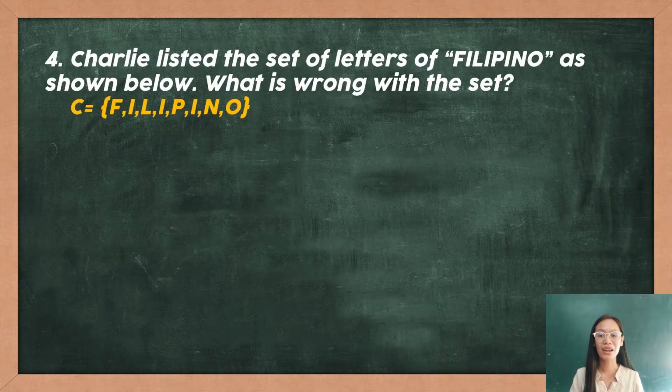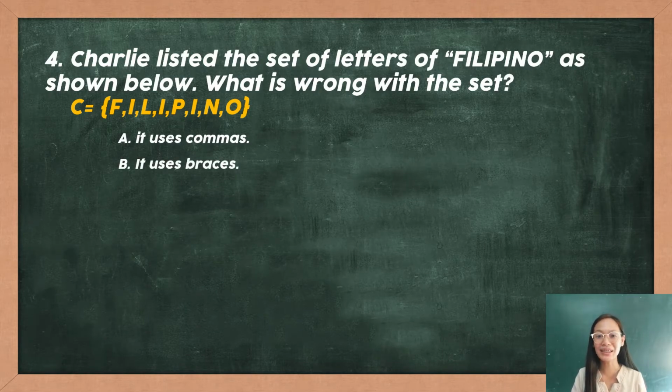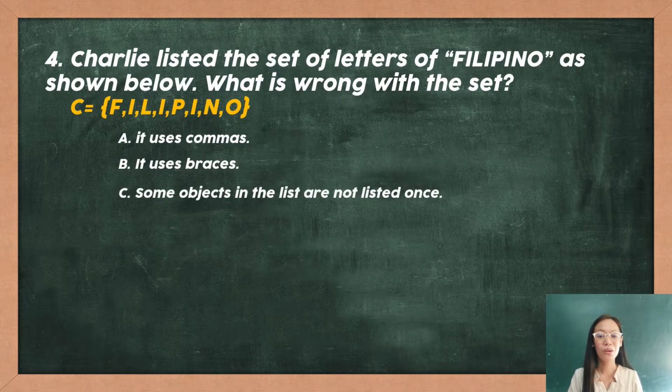Number 4. Charlie listed the set of letters of Filipino as shown below. What is wrong with the set? A. It uses commas. B. It uses braces. Or C. Some objects in the list are not listed once.